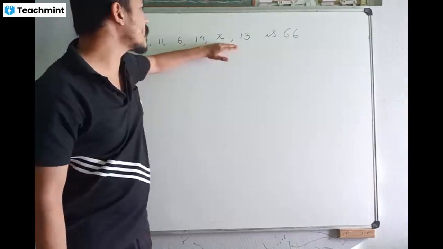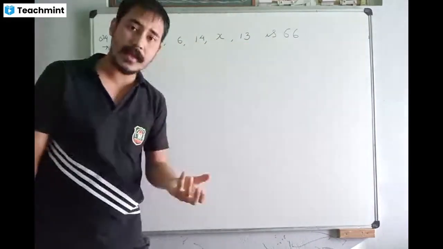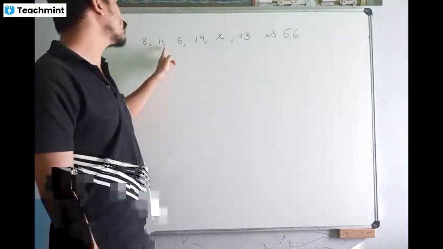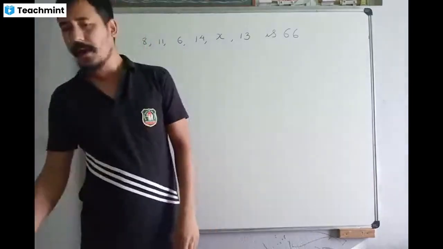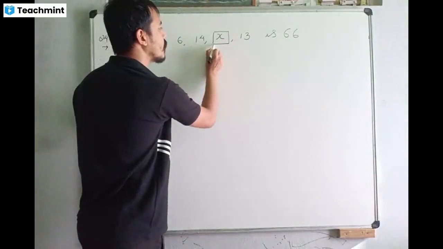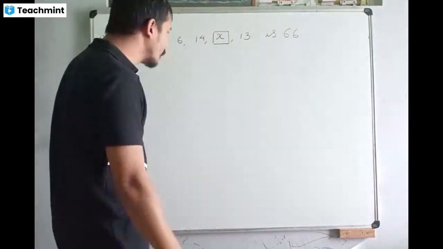The mean of these given items is 66. They have given you the arithmetic mean of the given items. There are 6 given items, and the arithmetic mean of these 6 items is 66. Find the value of x. You have to find out this missing item x.